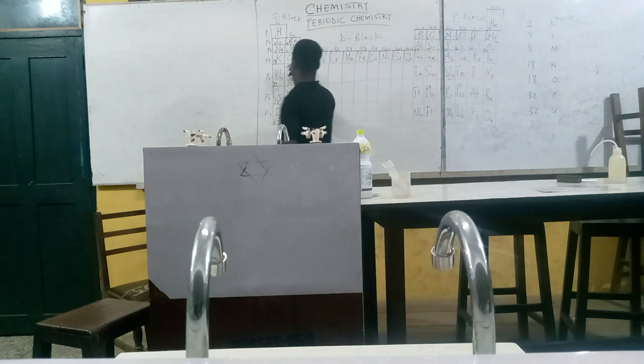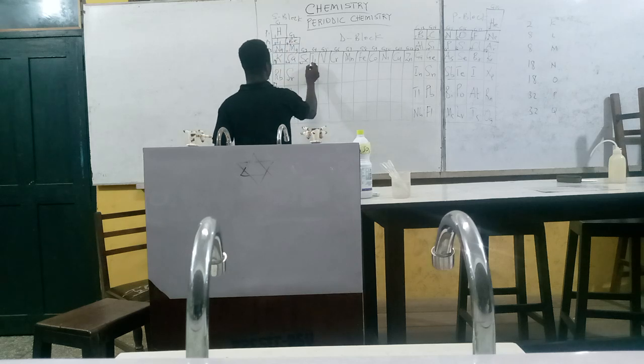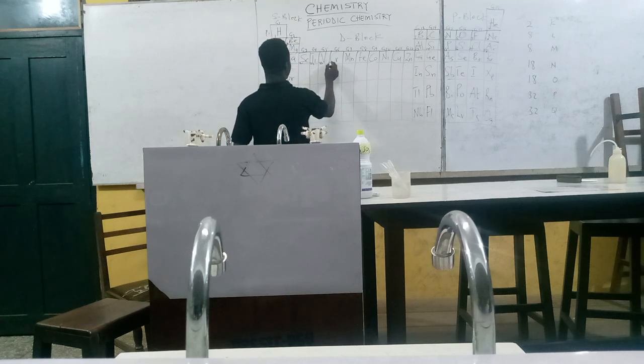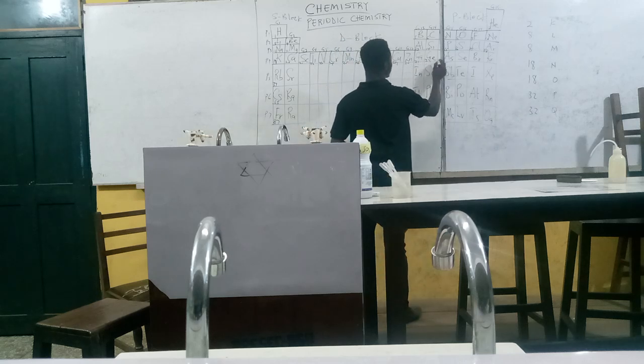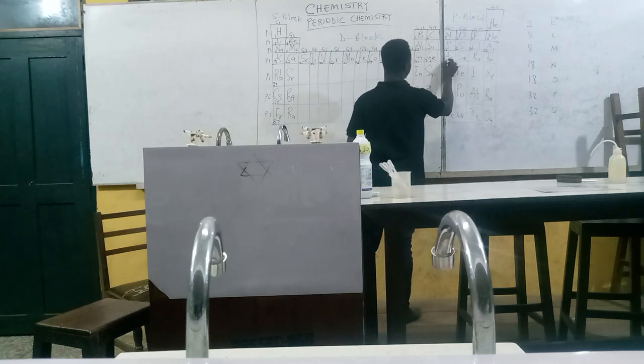Then I will come to 19. So this is 20, 21, 22, 23, 24, 25, 26, 27, 28, 29, 30, 31, 32, 33, 34, 35, 36. So automatically this becomes our 37 value.